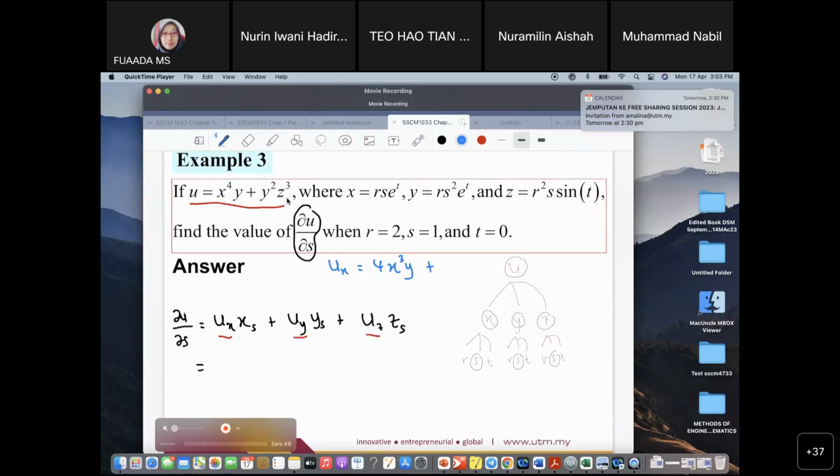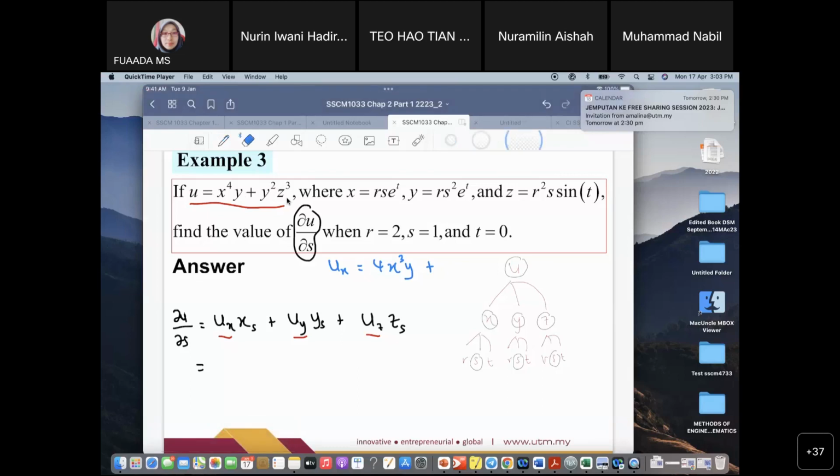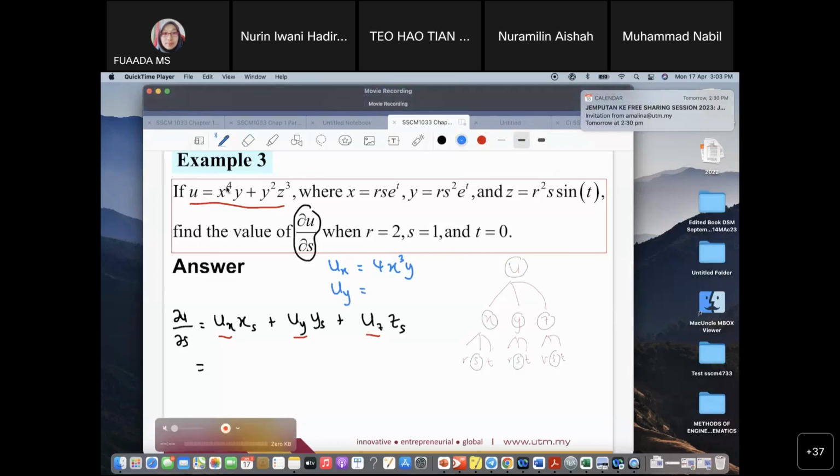So U_X is just 4x cube Y. Okay, U_X done. So U_Y. Again, bezakan terhadap Y. So X, Z constant. So we got X to the power 4. Okay, ada Y kat second term. So 2YZ cube.